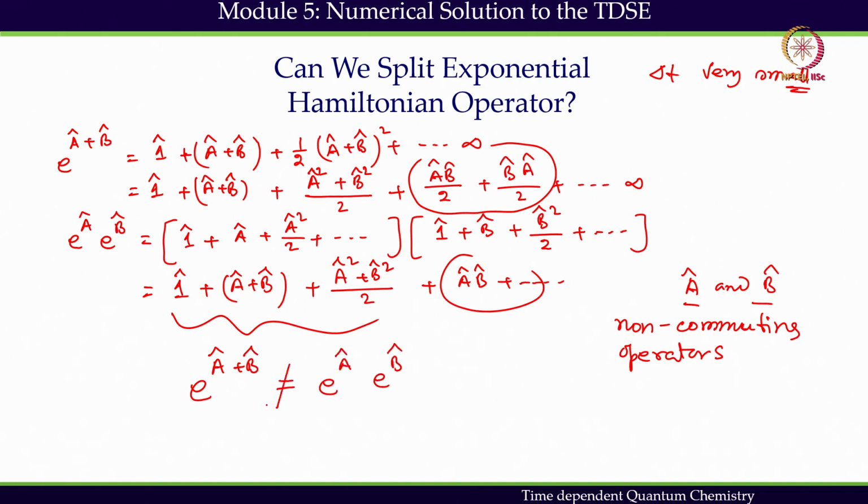They are actually unequal, they are not equal, and that is the reason why we cannot directly write e to the power minus i Hamiltonian operator t by h cut as e to the power minus T times e to the power minus V. So, they are not equal.